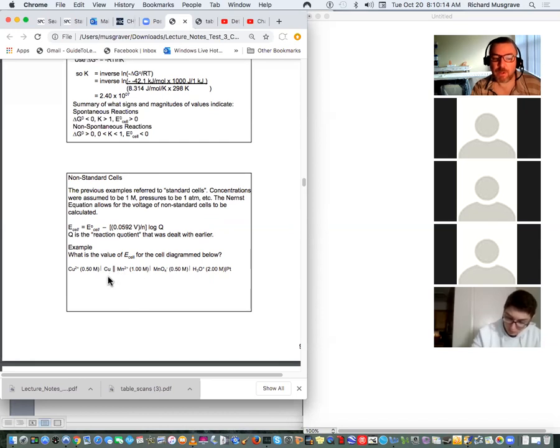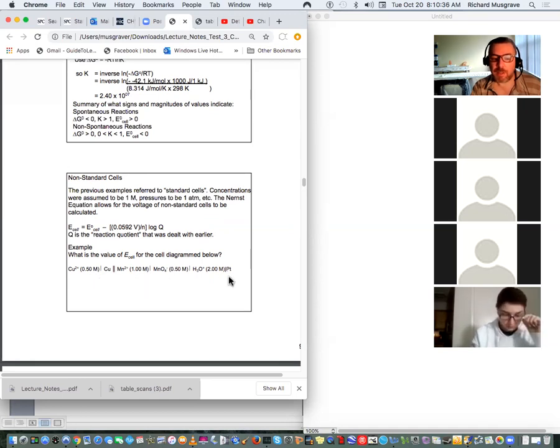You'll notice that the copper solid doesn't have a concentration associated with it because it's a solid. So anything that's solid will not have a concentration listed. Everything else will have a concentration in molarity here.